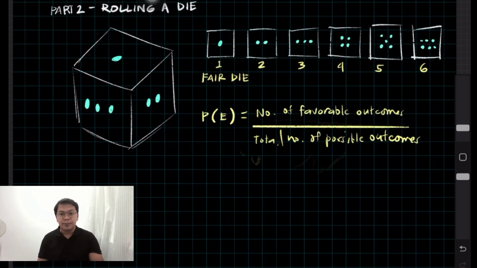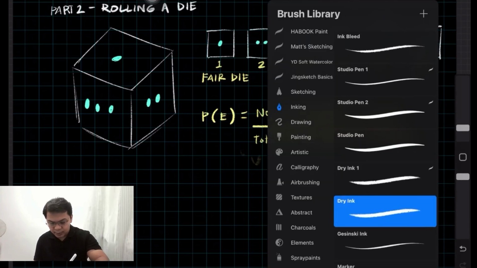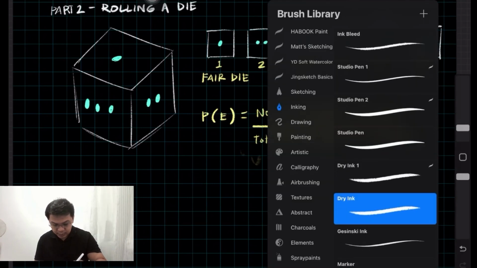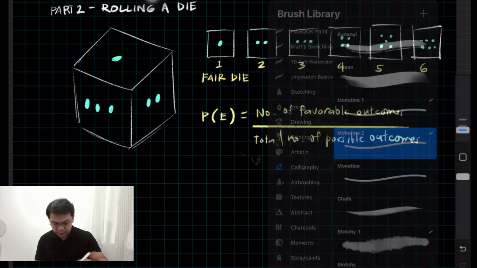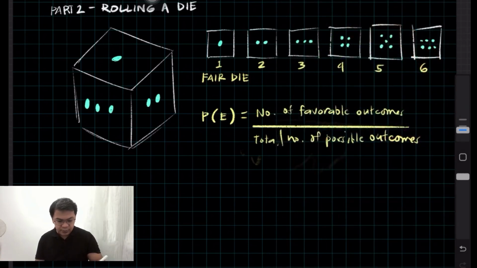We can substitute the information that we have about rolling a die. Let's choose a different color this time to make it easier. For example, if we're rolling a die and we calculate the probability of getting, say, number 4, let's say the event is called 4 because it's all about getting number 4.